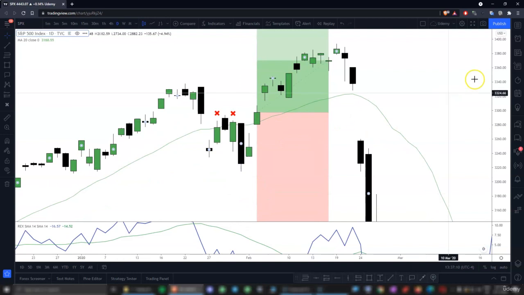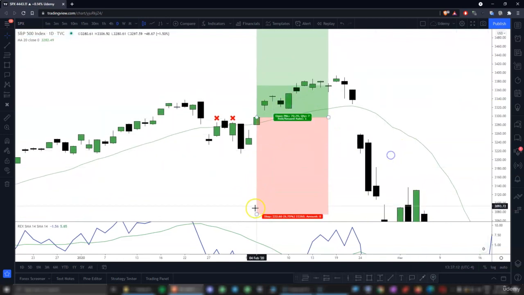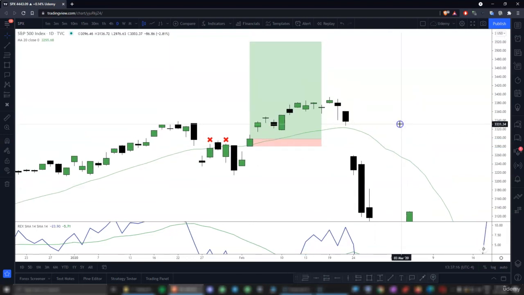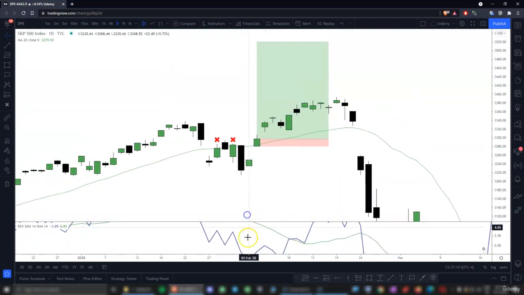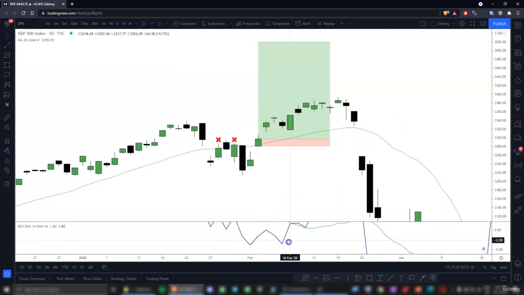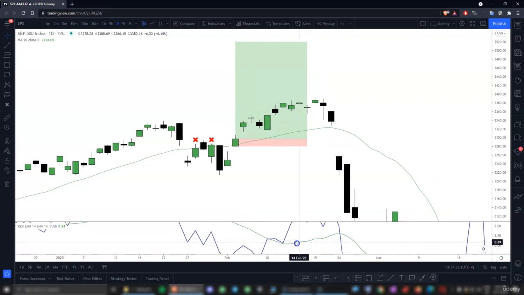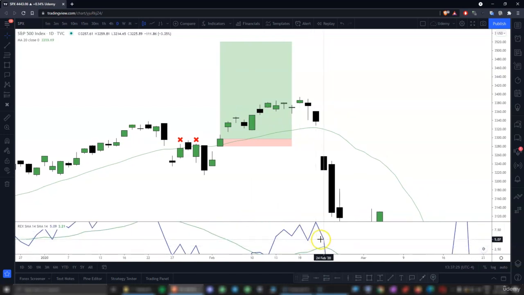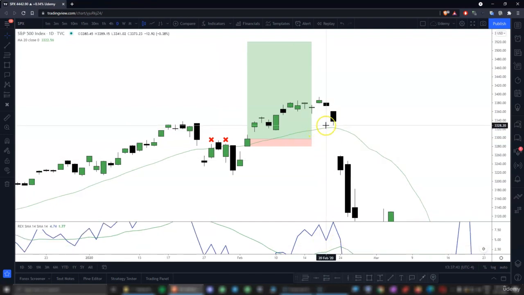So let's see what we have here. The Rex is below, crosses above, and in here, yeah, you just get somewhere.